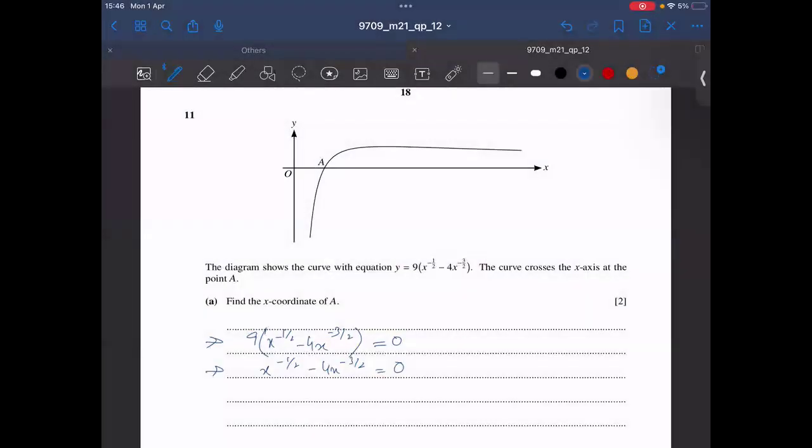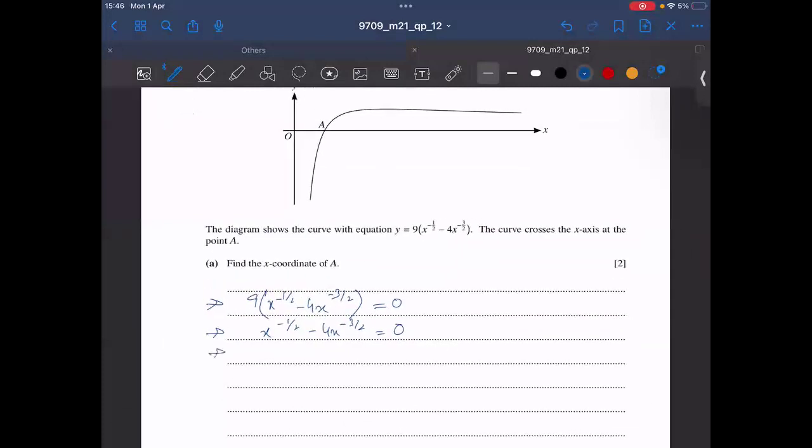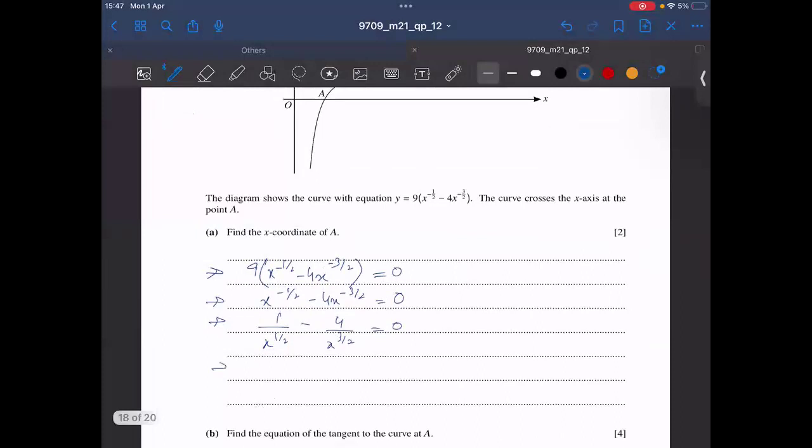Again, I've put up the value of y equal to 0. This is the x-intercept. Now I'm going to write down x to the power of half minus 4 over x to the power of 3 over 2 equals 0. x minus 4 divided by x to the power of 3 over 2 equals 0. Value of x is going to be equal to 4.